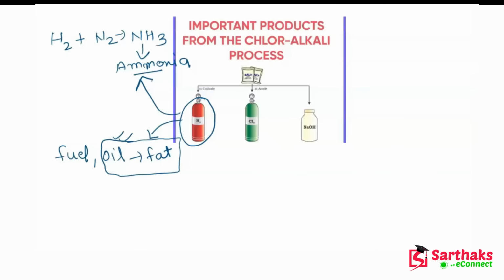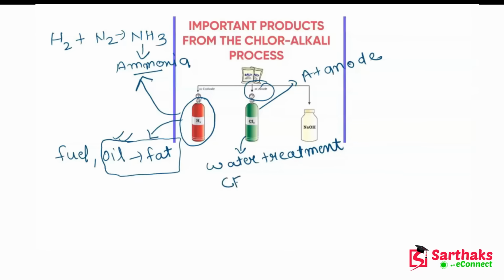Now let's talk about the applications of chlorine gas, which we got at the anode. So what are the applications? This chlorine gas is used in water treatment to kill the germs. It is also used in refrigerators as CFC, which is chlorofluorocarbon.